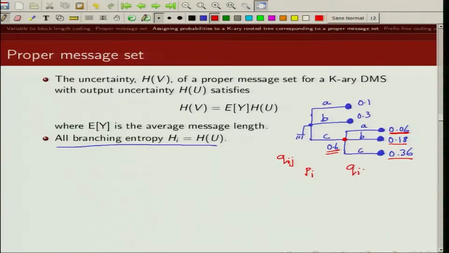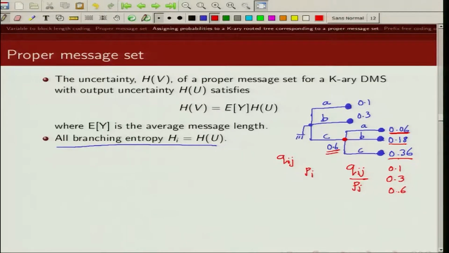This ratio Qij by Pi for this node is 0.06 by 0.6, which is 0.1, then 0.18 divided by 0.6 is 0.3, and 0.36 by 0.6 is 0.6.